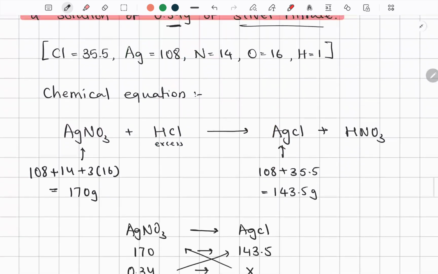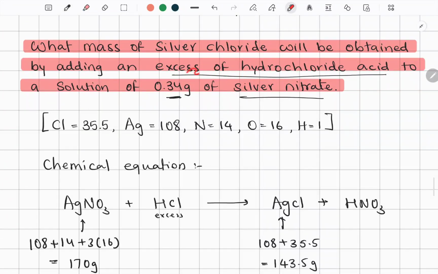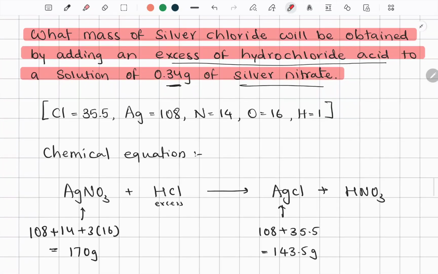Hence, 0.287 gram of silver chloride is obtained when excess hydrochloric acid reacts with the solution of 0.34 gram of silver nitrate. Once again, whenever this type of question comes, we first write down the balanced chemical equation, which is very important.